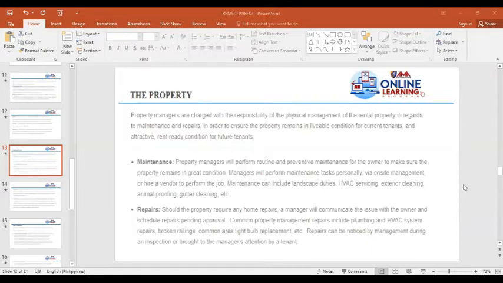So kailangan the tenant should coordinate to the property managers with regards sa mga repairs. So after that, bago yan i-replace or i-repair yung certain area na yon, kailangan mo na mag-conduct ng inspection, yung management. Magpapatunay na kailangan talaga ng repairs.